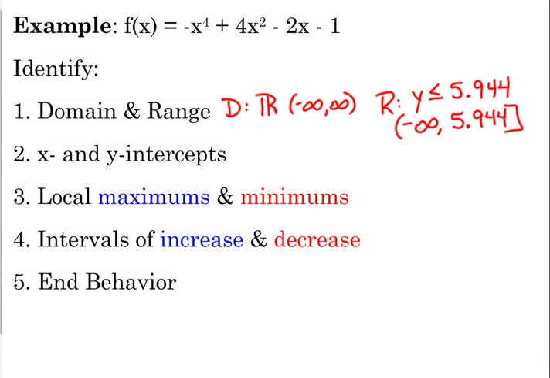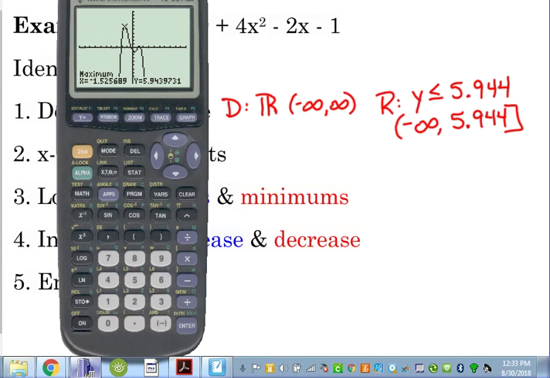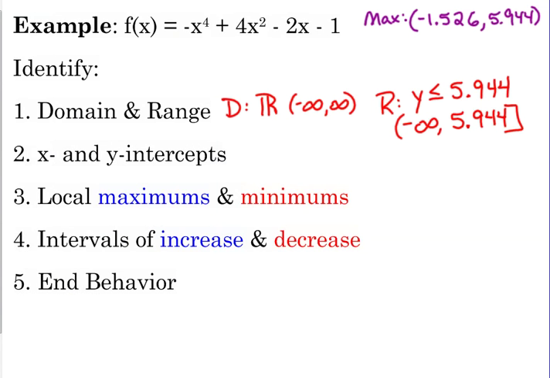So I don't have the graph on my paper, so I'm just going to go over here and jot down that I've got a max at negative 1.526. Just so that I have those numbers in that coordinate, because I'm going to need it here in a minute. I don't want to have to do this 10 different times to get a point that I've already found.